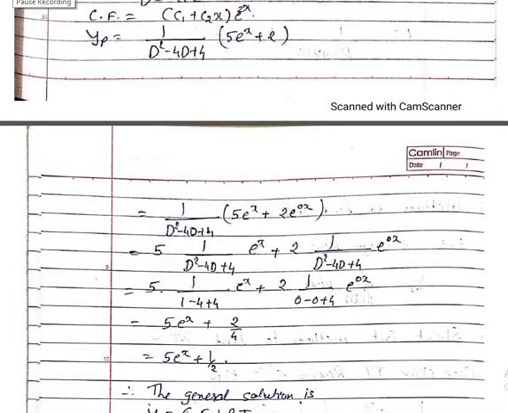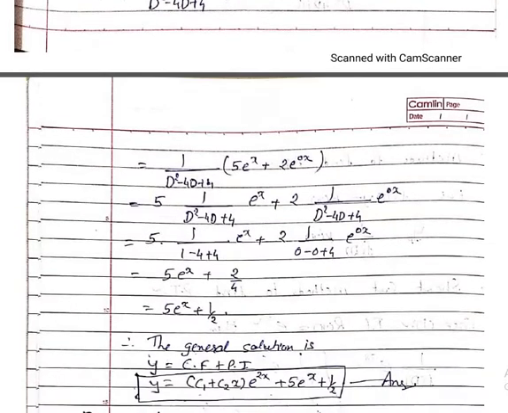So now 1 upon D square minus 4D plus 4 into 5 e raised to x plus 2 e raised to 0x. Separating the terms and taking out the constants, that will give you 5 into 1 upon D square minus 4D plus 4 of e raised to x plus 2 into 1 upon D square minus 4D plus 4 of e raised to 0x.